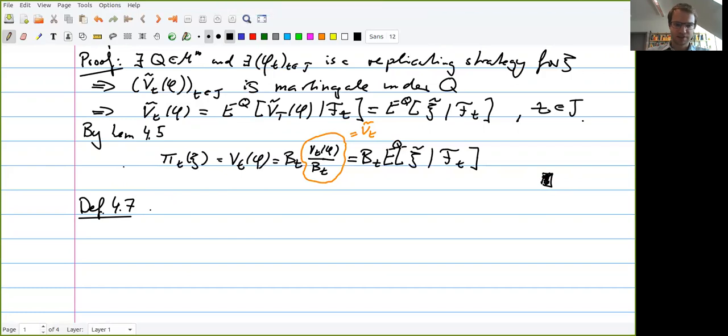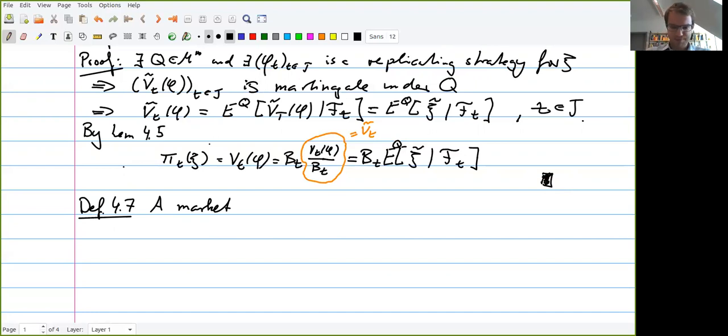This brings us to the next definition, which is the notion of complete and incomplete markets.